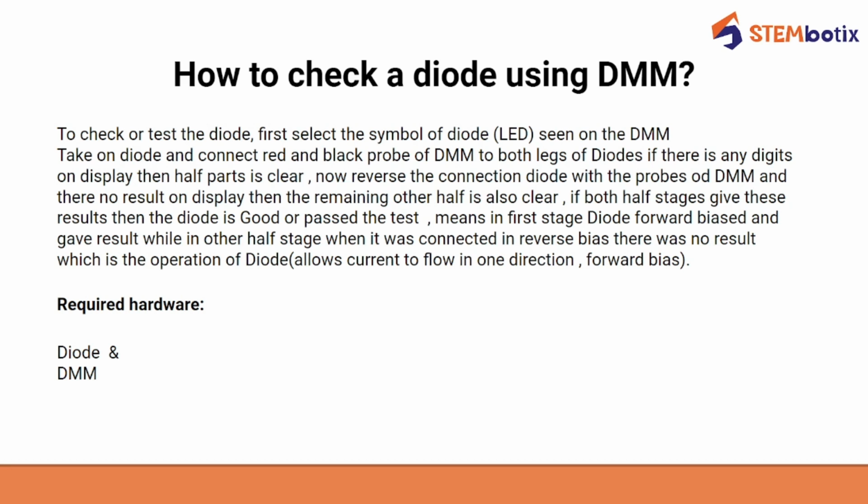In the first stage the diode was in forward bias and gave a result, while in the other half stage when it was connected in reverse bias there was no result, which is the operation of a typical diode.